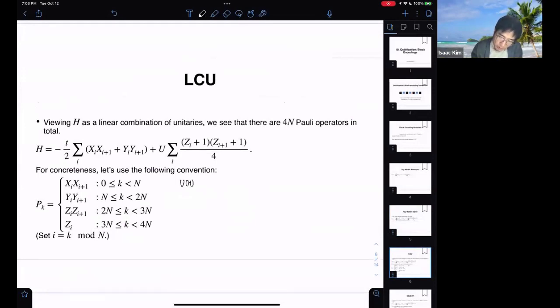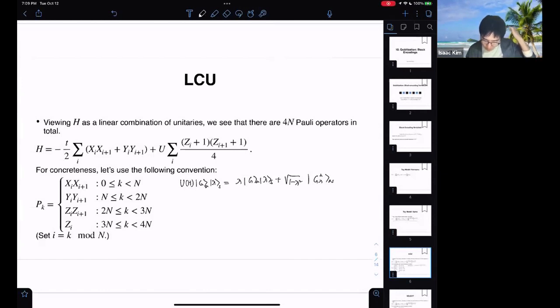So remember, what we wanted to do was to find a U of H such that, if you apply this to some state G lambda, then this is lambda G lambda plus something.